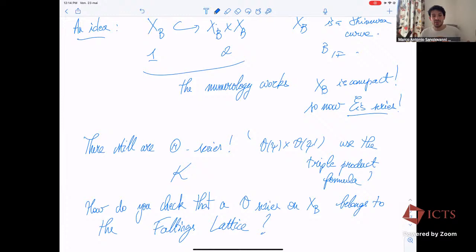Because you don't have q-expansions anymore to compute explicitly. So this is an open-ended question.